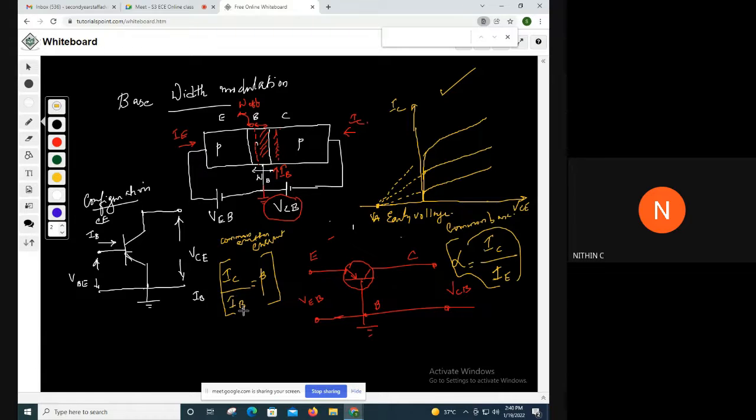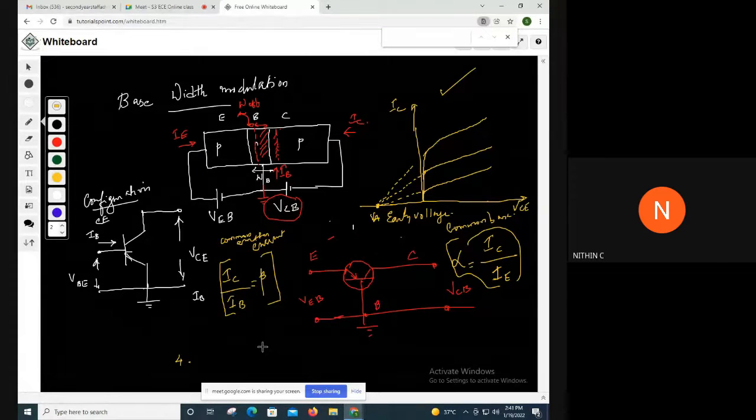You know that IC increases when base width modulation happens. We wrote that as a point. What can we write as the fourth point? You have already mentioned that IC will increase in base width modulation. If IC is increasing, what happens to alpha and beta?